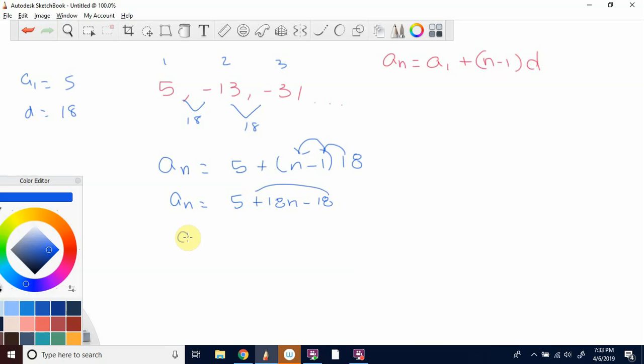We combine like terms, so we get our formula as a of n equals 18n plus 23. I did some bad math. This should be 13, so minus 13.